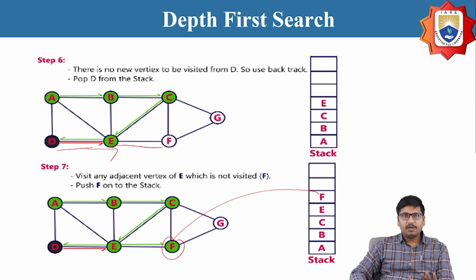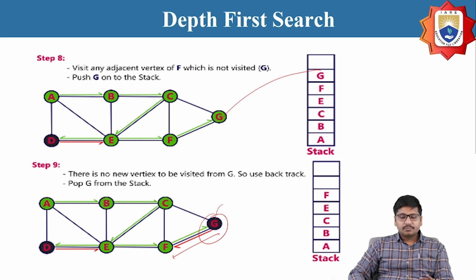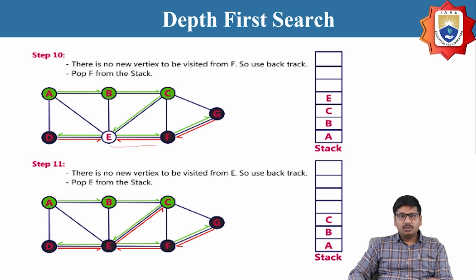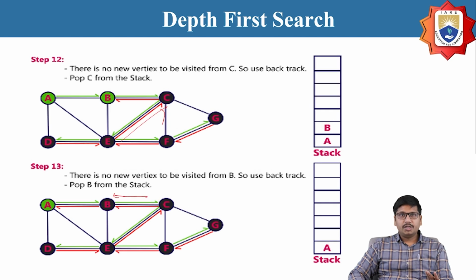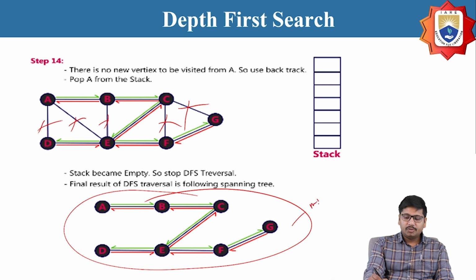D is also adjacent, but it has already reached the dead end, otherwise it would get a cycle. That's why I have to apply backtracking here. So again come back and take the adjacent nodes for F, so G. All the red lines indicate the backtracking. And finally this should be the resulting spanning tree.